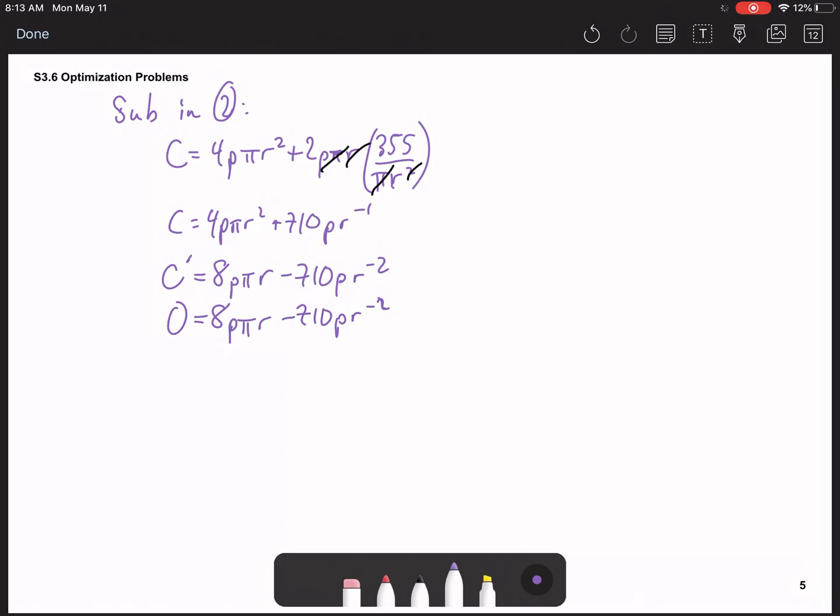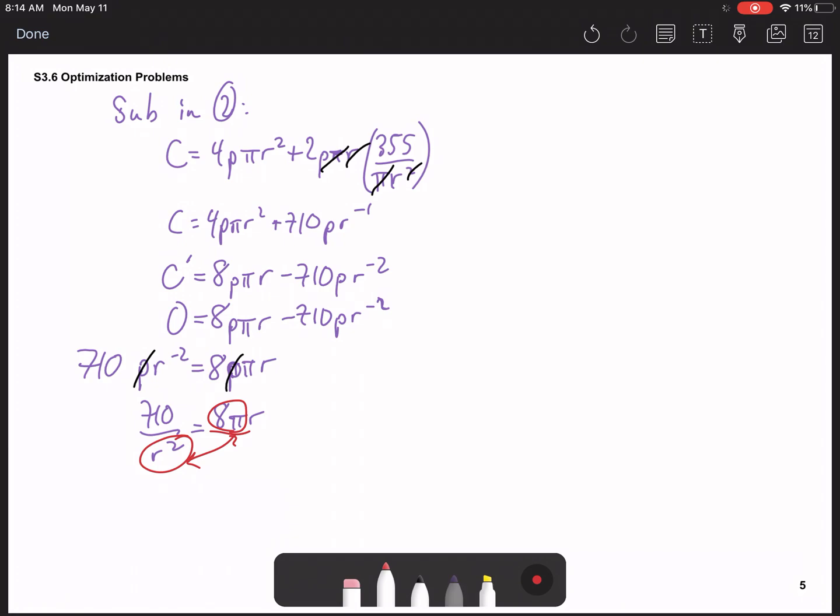Okay, I'm going to move this 710 p r to the negative 2 over here. The p's are the same, so I can actually cancel that right off the bat. So I'm going to write this as 710 over r squared equals 8 pi r. Okay, I'm going to bring the r squared up and the pi r down. Just solve this.